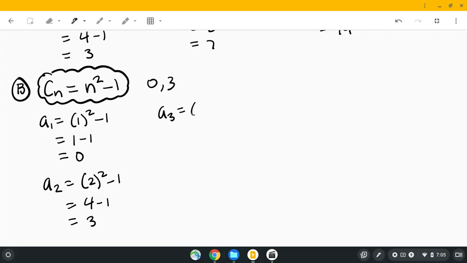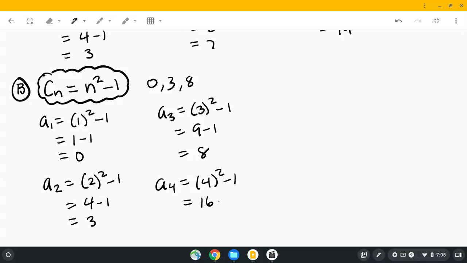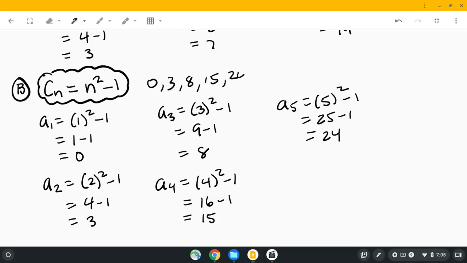A3, and A4. And then we need A5. 25 minus 1, we get 24. And then we want the 10th term as well. So all we do is plug in 10 to see what we get. Our 10th term here is 99.